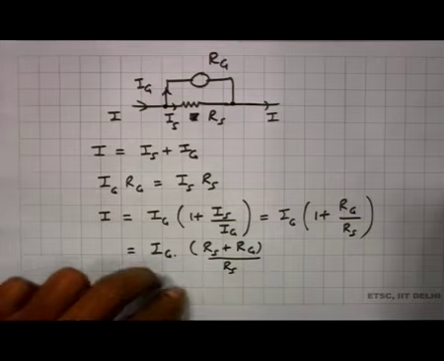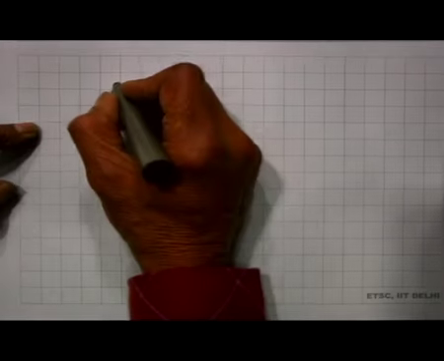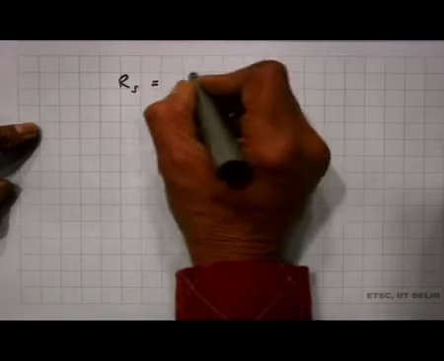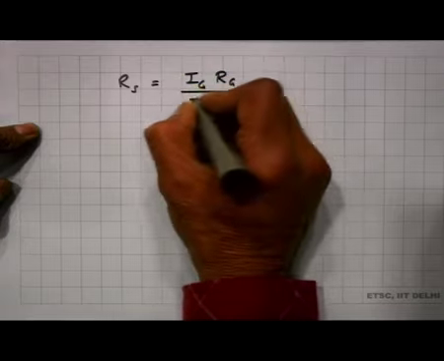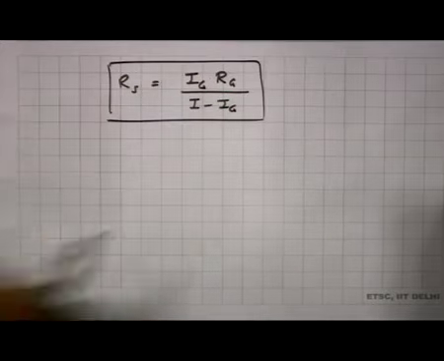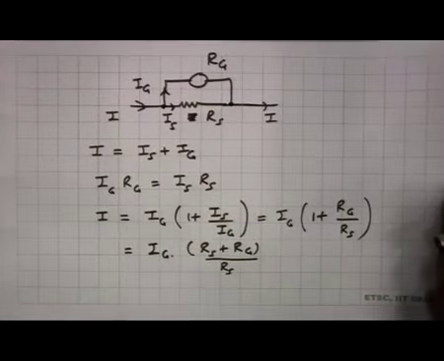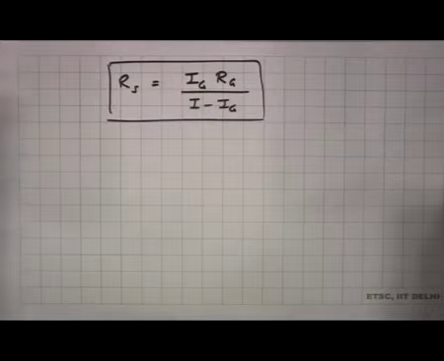Now I can simplify this equation further and I get an expression for Rs from here. So, Rs comes out to be Ig Rg by I minus Ig. You take Rs on the left hand side, and so you get Rs into I minus Ig is equal to Ig Rg, and I get this equation.